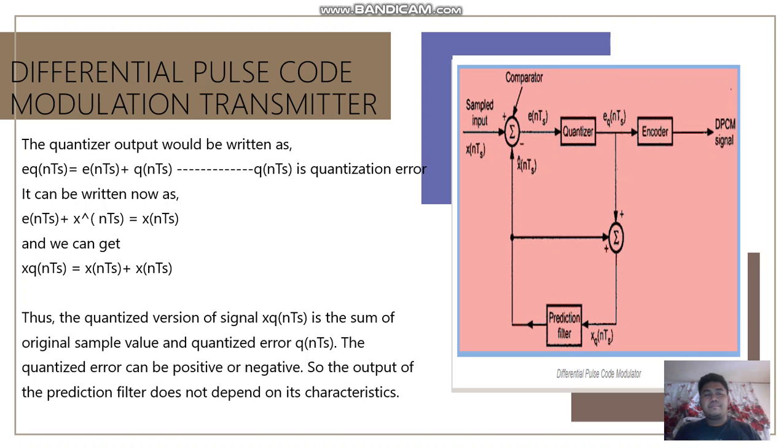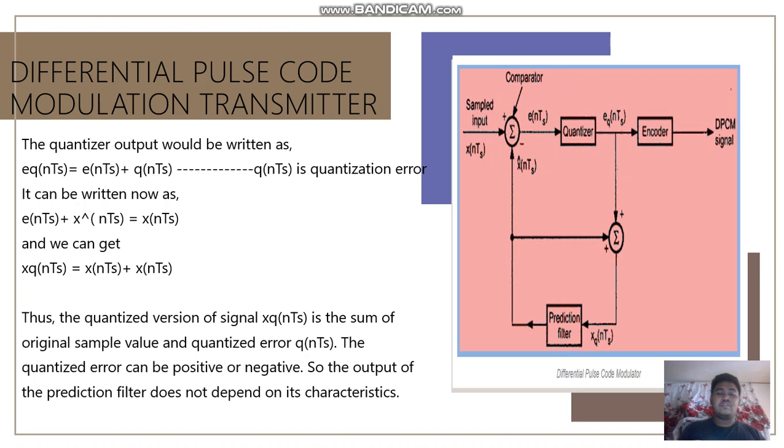Another example is the differential pulse code modulation transmitter. The quantizer output would be written as eq(nTs) equals e(nTs) plus q(nTs), where q(nTs) is the quantization error. It can now be written as e(nTs) plus x^(nTs) is equal to xq(nTs), and we get xq(nTs) is equal to x(nTs) plus q(nTs).